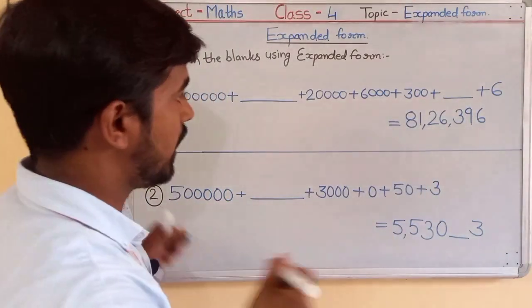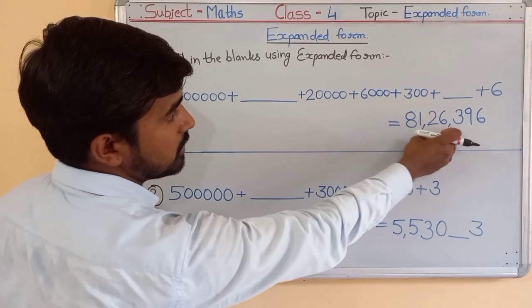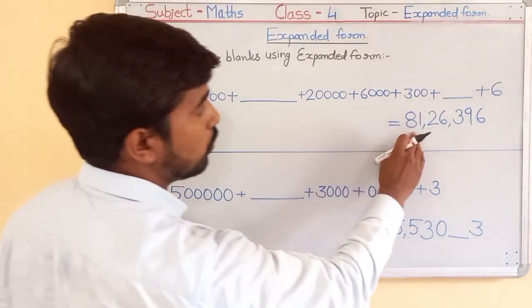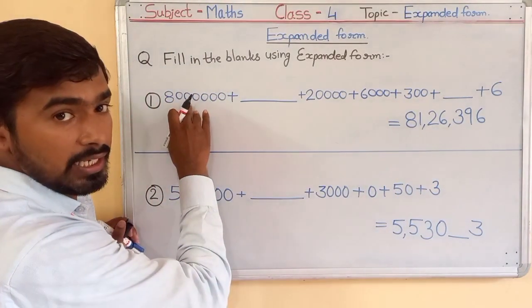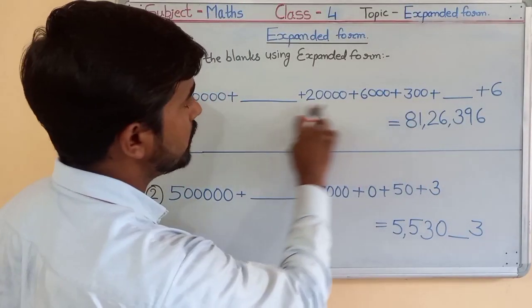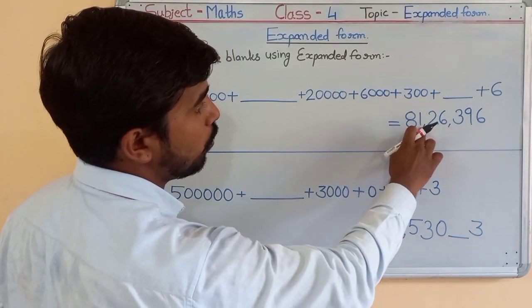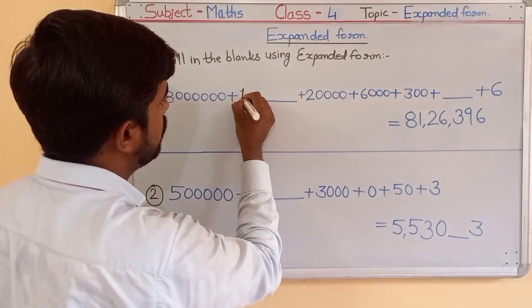First we have this number's expanded form. First we have 80 lakh. Now on the second we have this 1. One digit is missing here because the expanded form of 1 lakh is not written. So we have to write here 1 lakh.